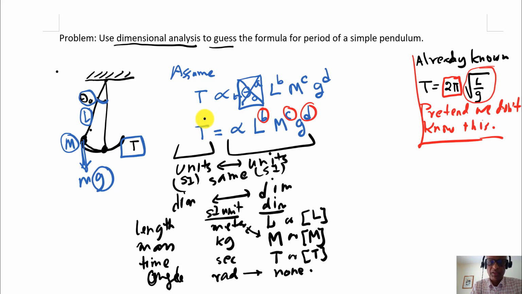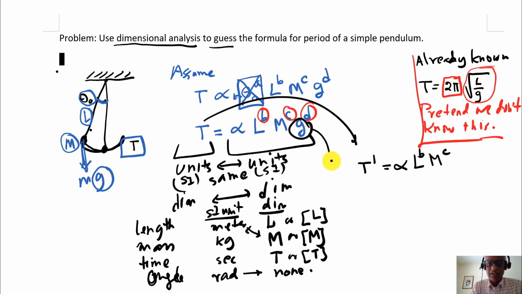So now on the left side, you have a dimension of T to the power 1. I just keep track of the powers. On the other side is length to the power b, mass to the power c. Now g is acceleration, so it's length over time squared.